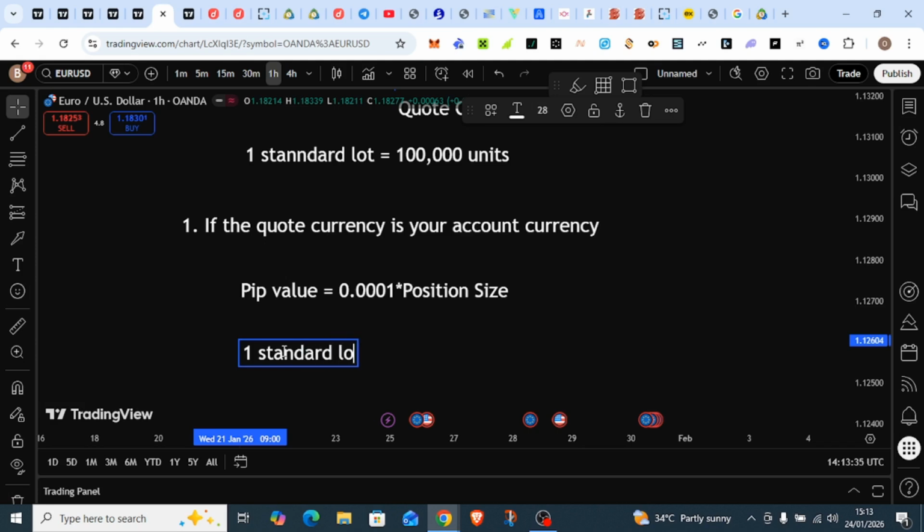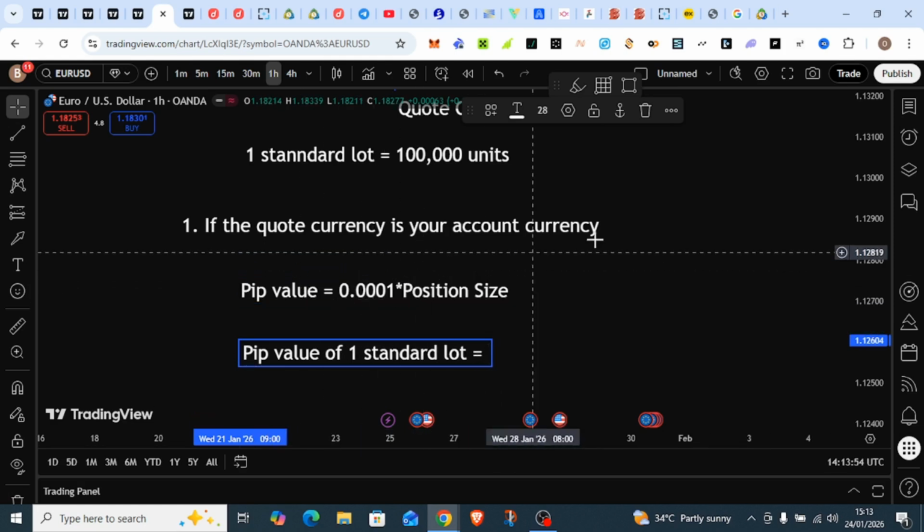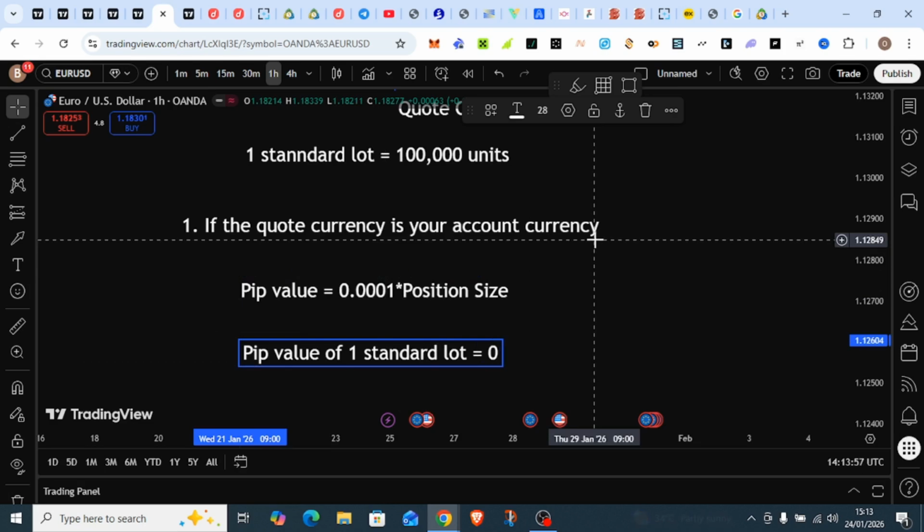Pip value of one standard lot will be equal to, using our formula, 0.0001 multiplied by the position size, which is 100,000.